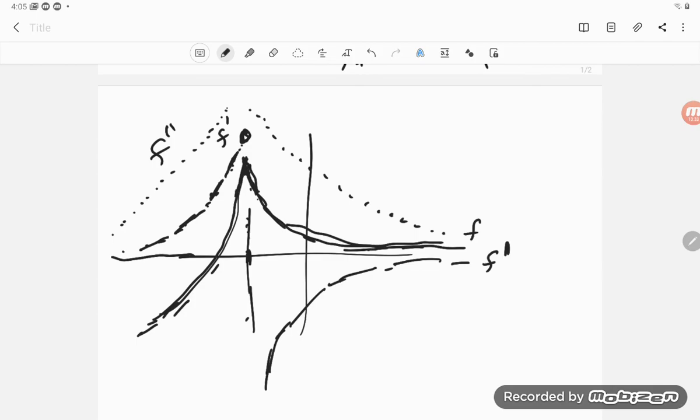And there's f double prime. So f double prime looks a whole lot like the original function, except it's got to always be greater than zero. And instead of here, the actual function went negative for a little while. Okay, so there are three examples of drawing f prime and f double prime from the original function f.